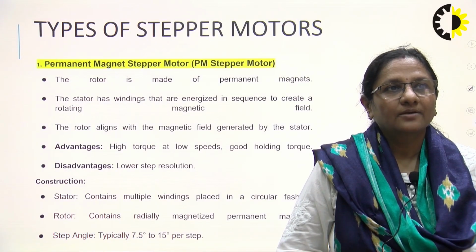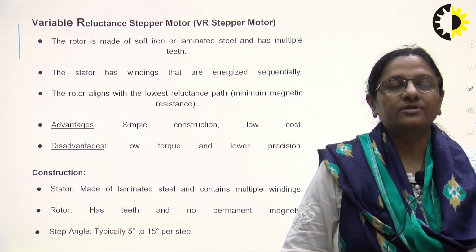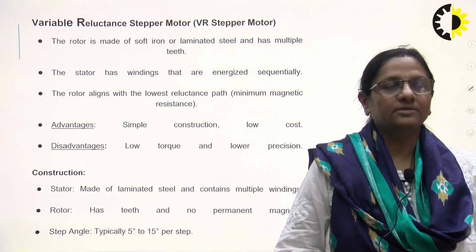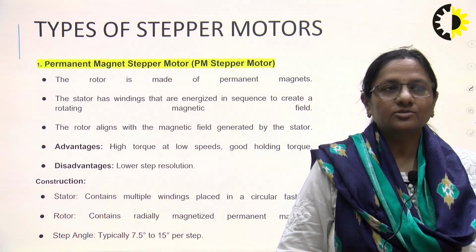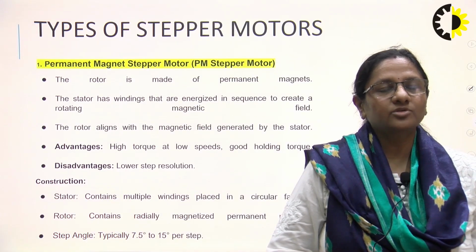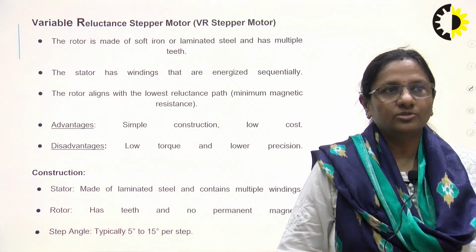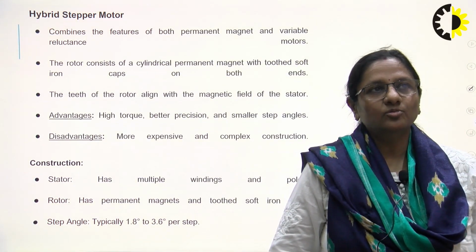Then we started with the variable reluctance stepper motor, and we covered a part of variable reluctance stepper motor in the previous lecture of the subject. So just to recall, just to remind you, the various types of stepper motors are: we do have permanent magnet stepper motor, variable reluctance stepper motor, and hybrid stepper motor.